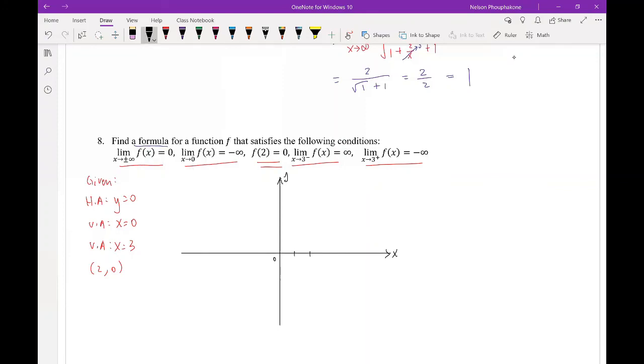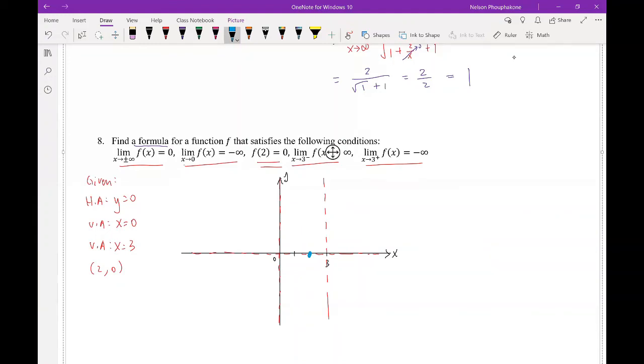One, 2, 3. Vertical asymptotes are x equal to 3 and x equal to 0, the horizontal asymptote is y equal to 0, and then we have the point 2, 0. Now let us analyze it.